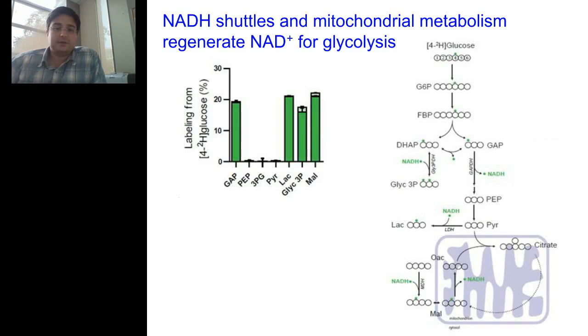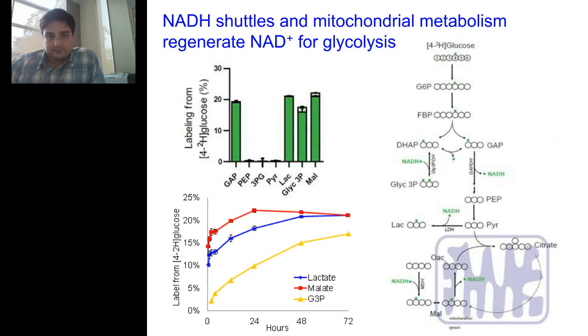And after labeling NADH pools, we see robust labeling, not in lower glycolysis, but in lactate, glycerol 3-phosphate, and malate, where this can enter the mitochondrial pool. We see robust labeling over time, which allows us to now look at metabolic flux through these shuttles.